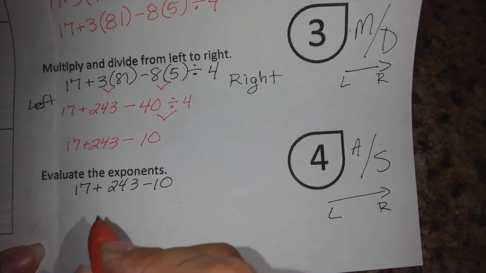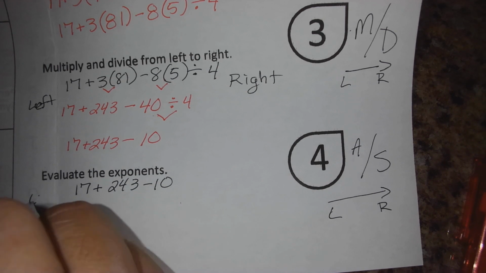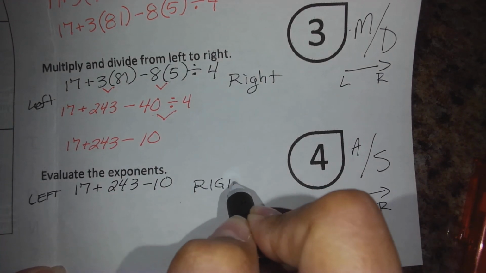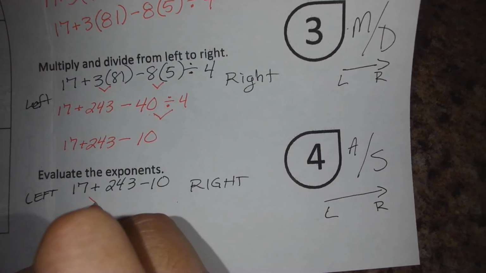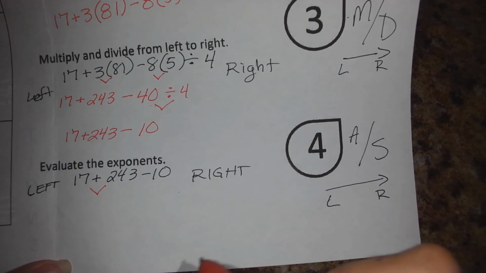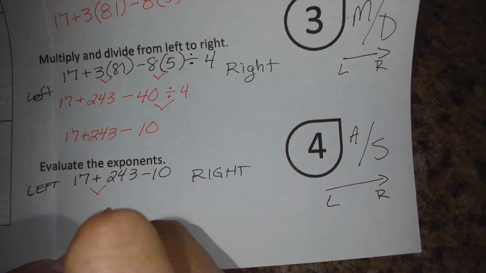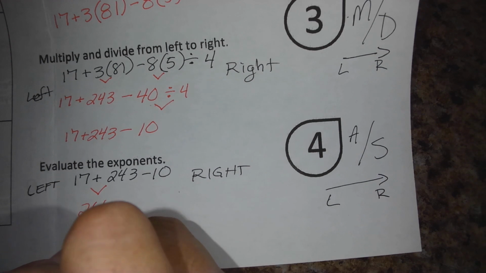Okay, let's go through again. This is from left to right. So we're going to do this first right here. 17 plus 243. What do you get? Yes, you should get 260.